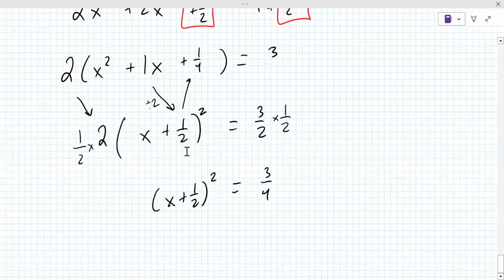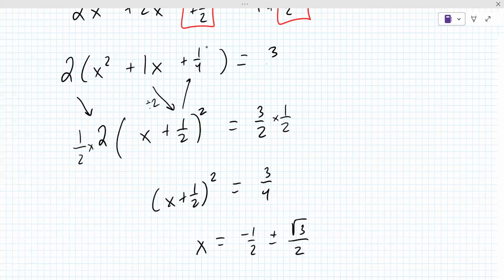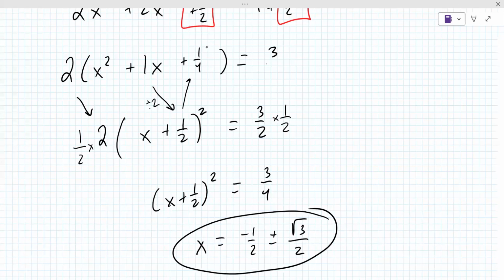So x equals -1/2 plus or minus the square root of 3/2. Yes, and this is for sure correct. All right, so let's look at number 7 here together.